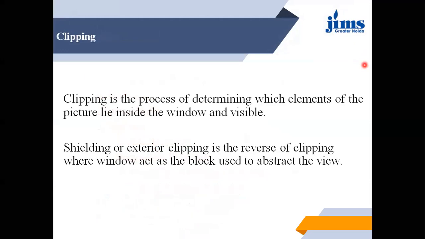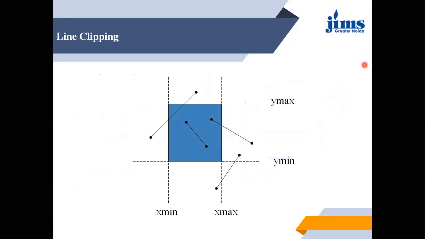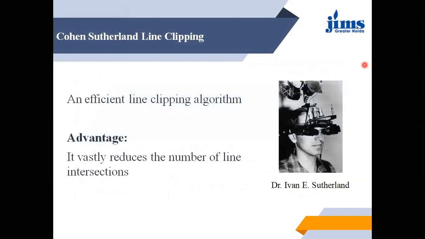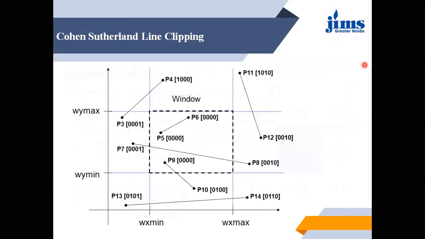As I told you, assigning the endpoint codes is the most important step. So over here, we will see how we can find out whether we have to perform the clip for this line or not.